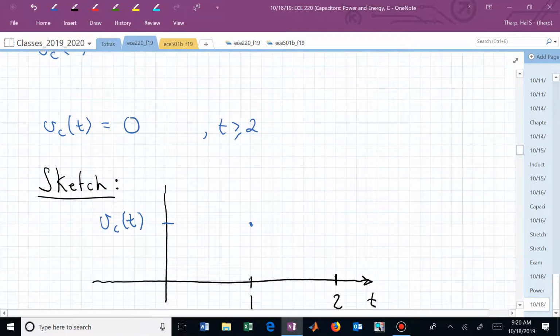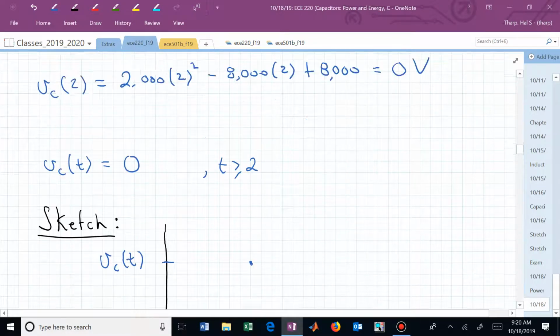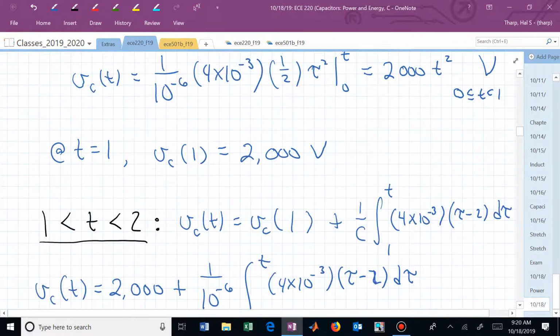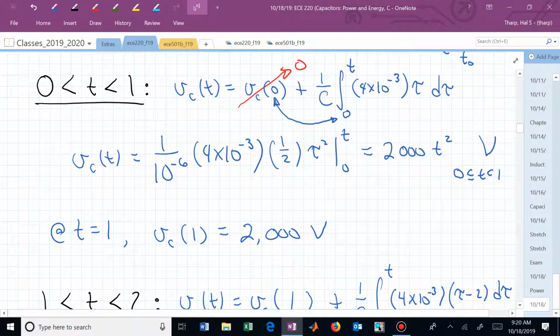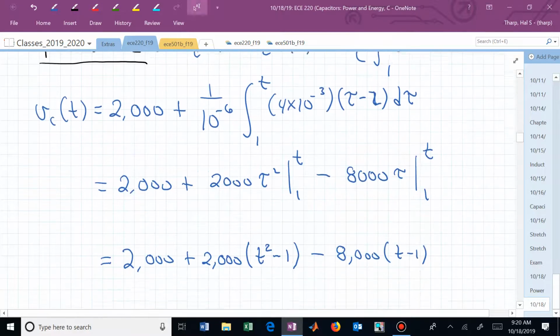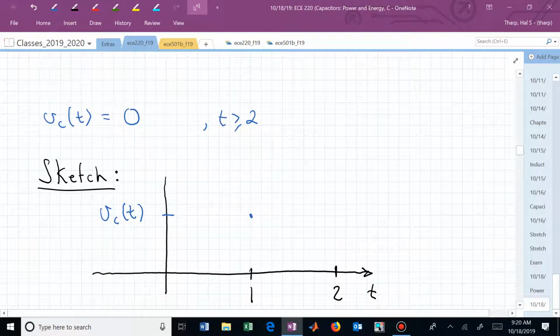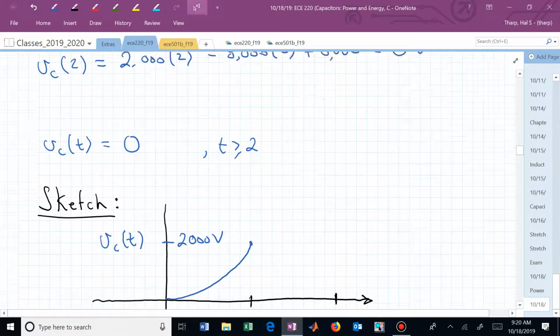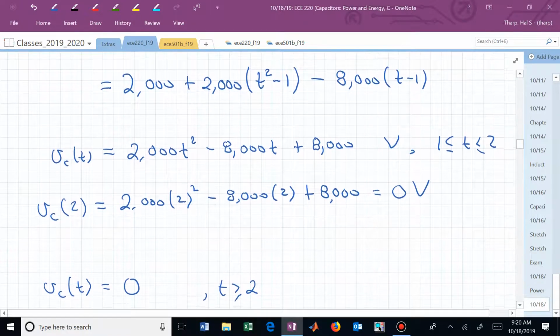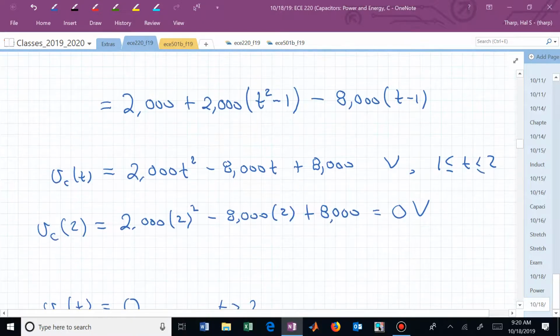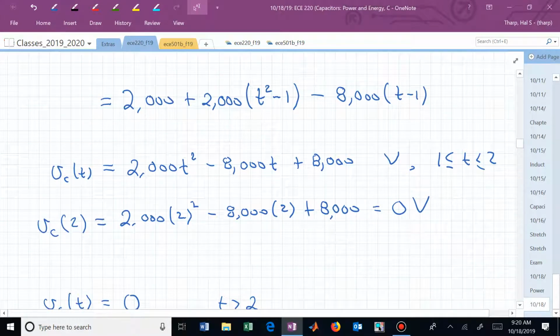And if we wanted to sketch that, what was it between 0 and 1 functionally? That was now 2000 t squared. That's this parabola we can try to sketch. This now goes up, and this is now 2000 volts. And then at 1, we know it was at 2000, and then between then and 2, it goes to 0.